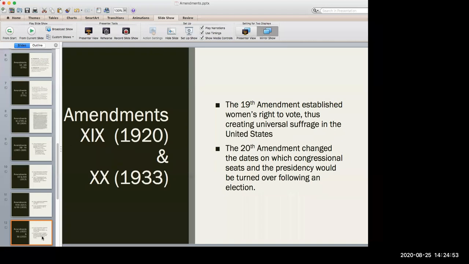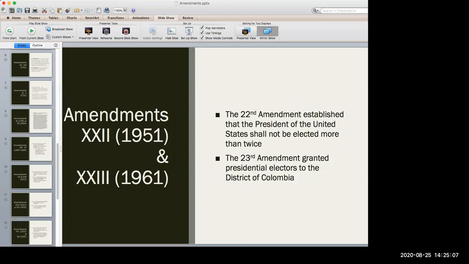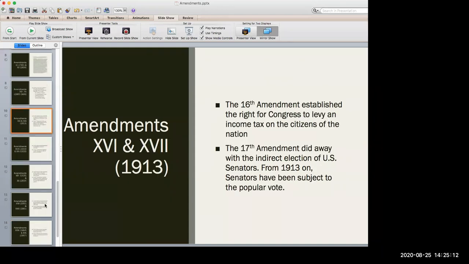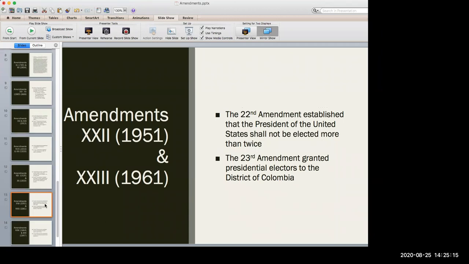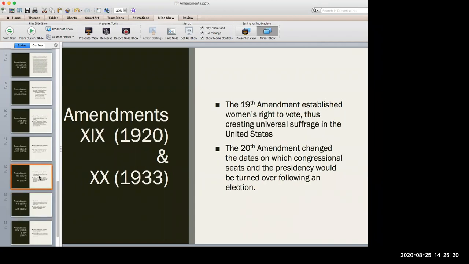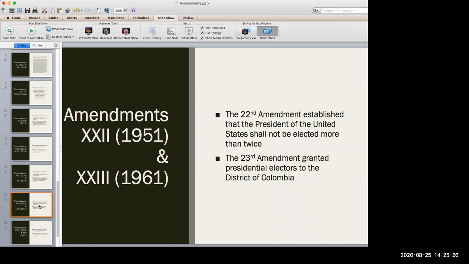So the 20th Amendment also relates to elected officials: when Congress will start, when the president will take the oath of office. All right, and you see we've got a gap there again. We've got a pretty large gap, moving from 1933 all the way to 1951. Why was the 22nd Amendment added to the Constitution?